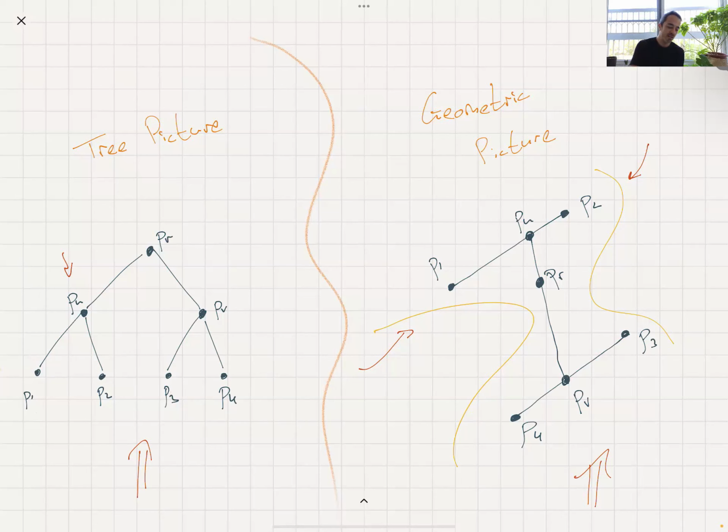And saying by property 2 that PU is a convex combination of P1 and P2 really just means that PU sits in that segment. And same for PV. And again, saying that PU and PV have a common interlacing says that now this line doesn't cross the manifold. And then saying that PR is a convex combination of PU and PV says that it just sits somewhere here.